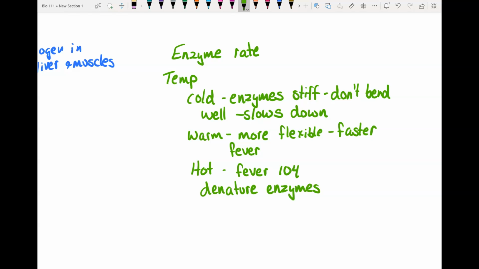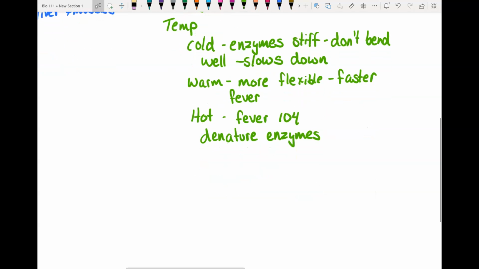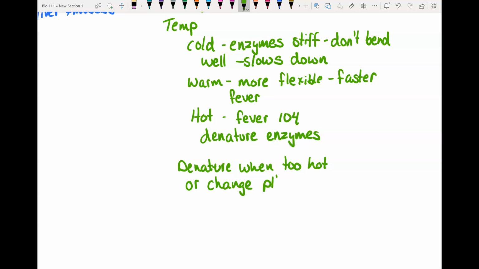So proteins are denatured if they get too hot or if you change the pH. And if you denature them, they don't work at all. And you need your enzymes to stay alive.